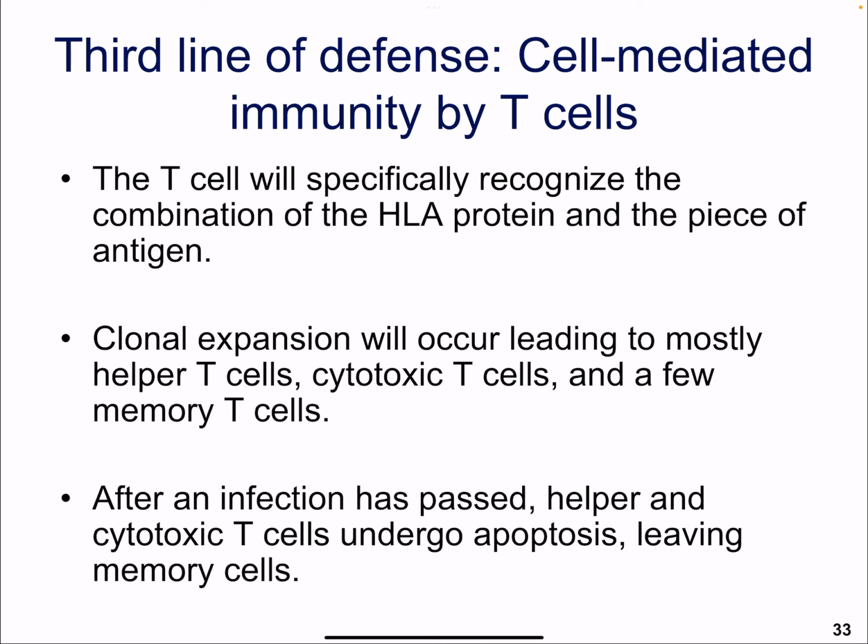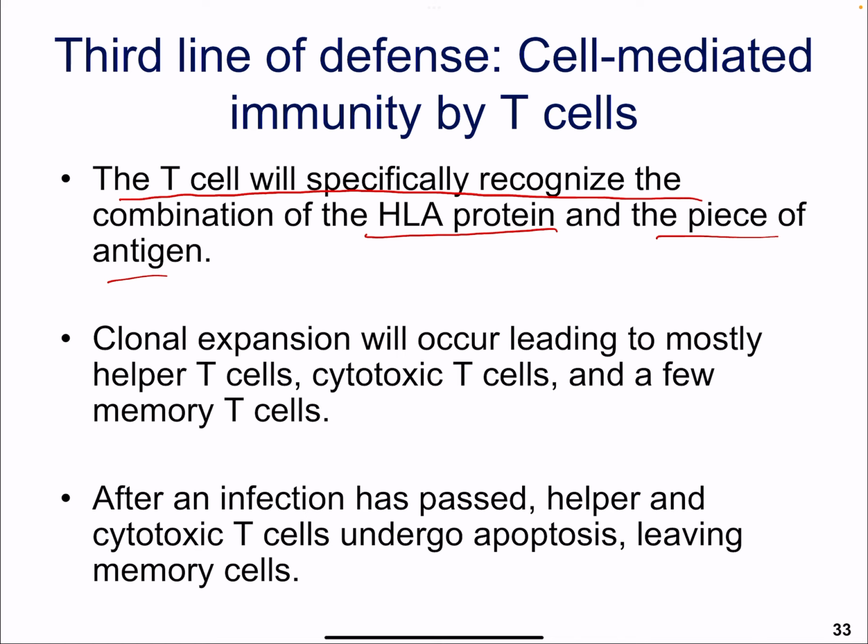So the T cell will specifically recognize a combination between HLA protein and a piece of antigen. By recognizing that, with the assistance of the helper T cell, the cells will undergo now clonal expansion. Now, obviously, the T cell receptors are very specific to the antigen, right?